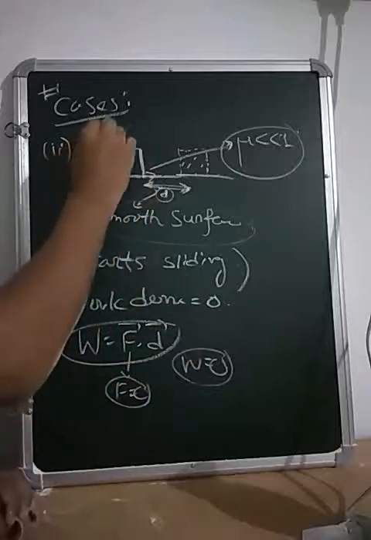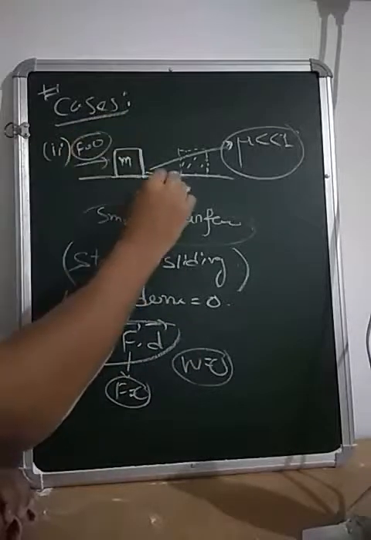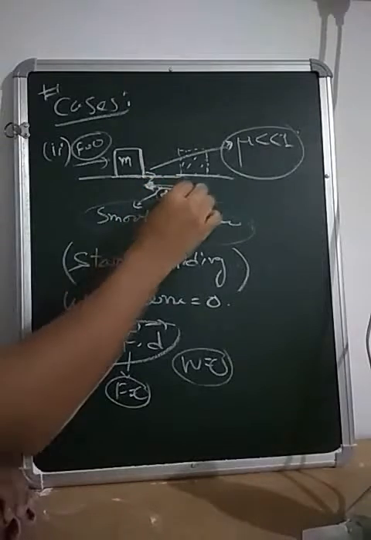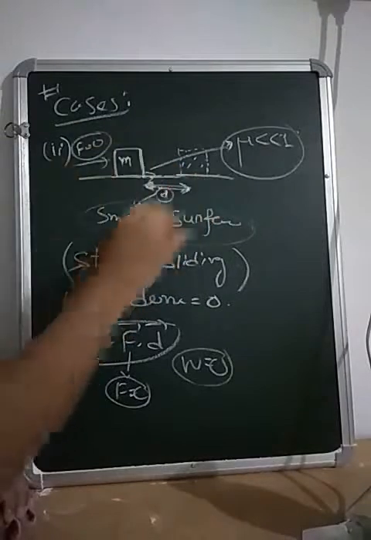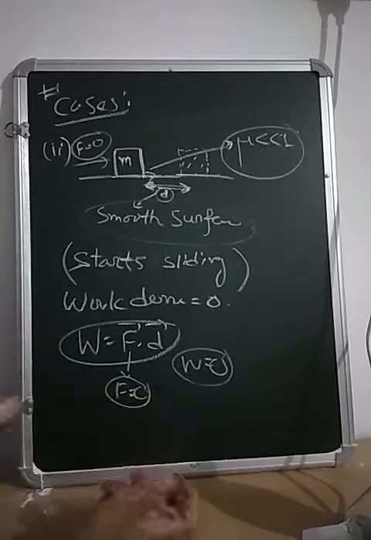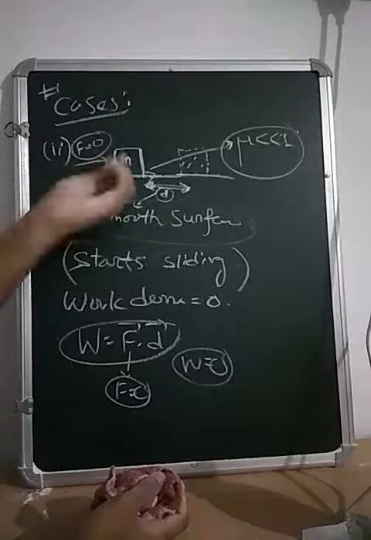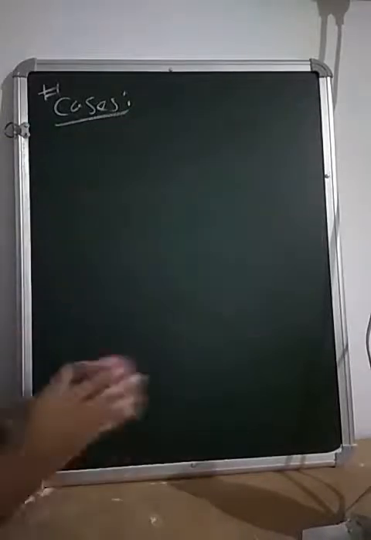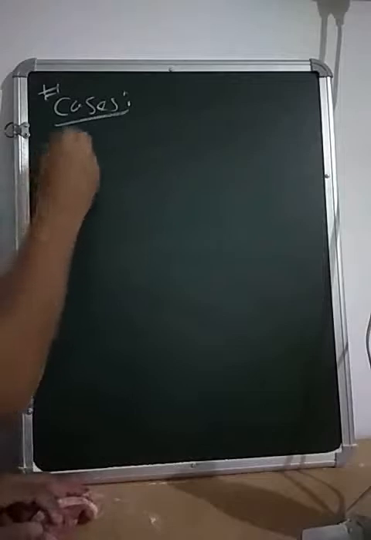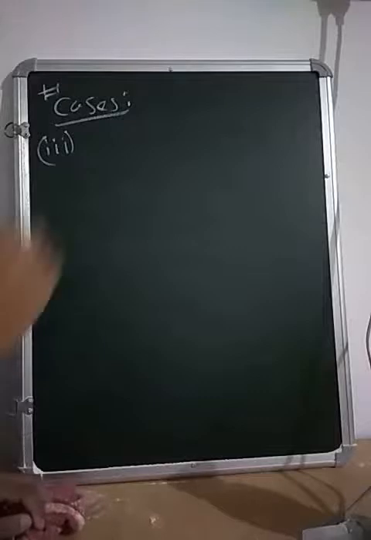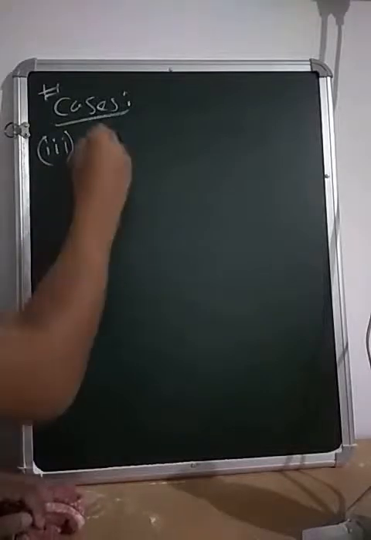So though it covers a certain distance, the work done is 0. In these two cases, we consider the work done on the system to be 0.